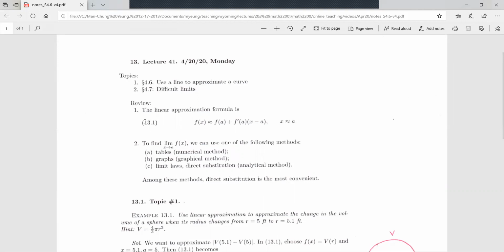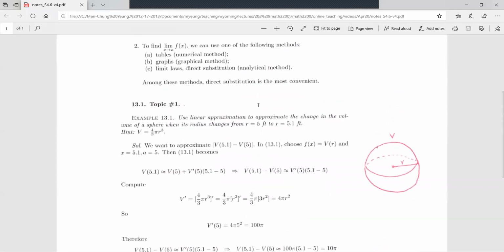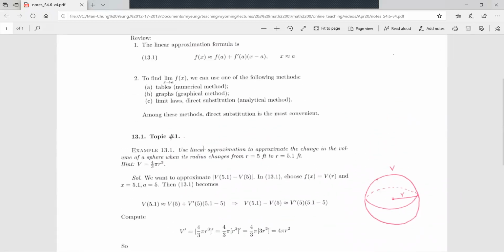Okay, now topic 1, use linear approximation. Two more examples. Example 1, use the formula of linear approximation to approximate the change in the volume of a sphere when its radius changes from 5 to 5.1.